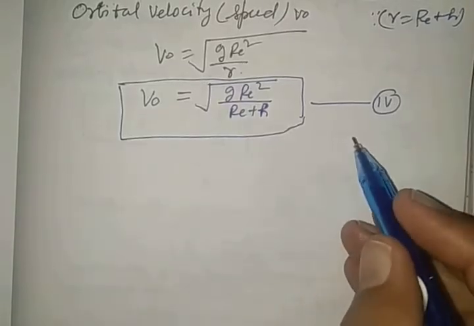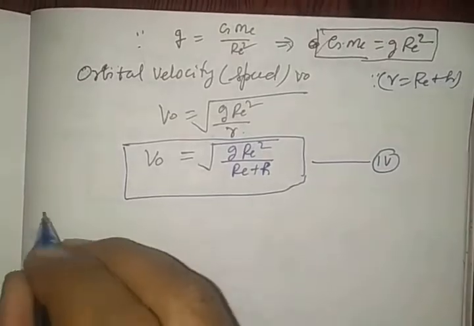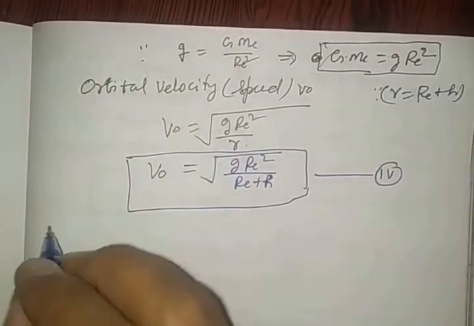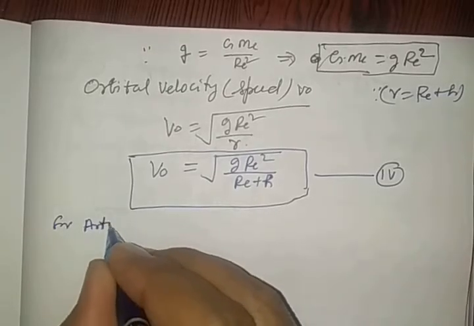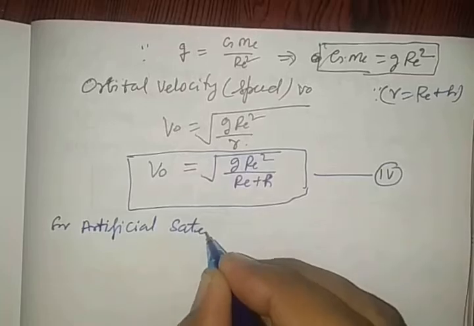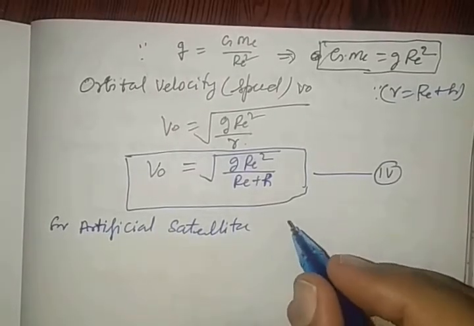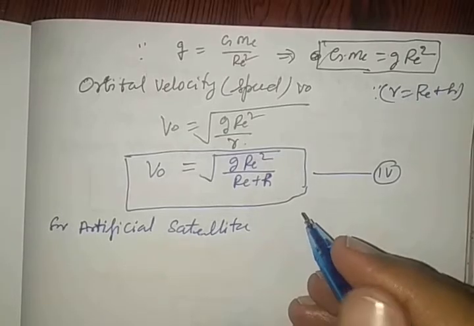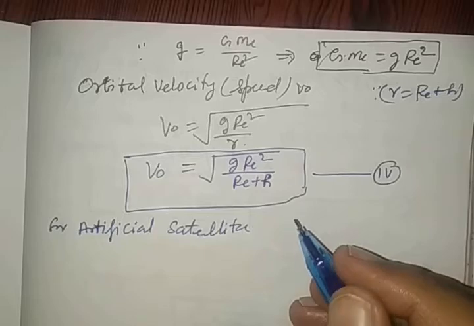Equation 3 and equation 4 give the orbital velocity of a natural satellite. If you want to convert this formula for an artificial satellite, in that condition the artificial satellite is much closer in comparison to the radius of Earth.